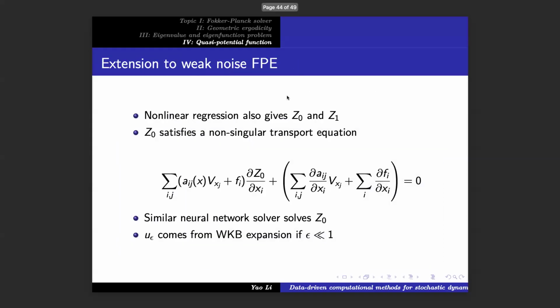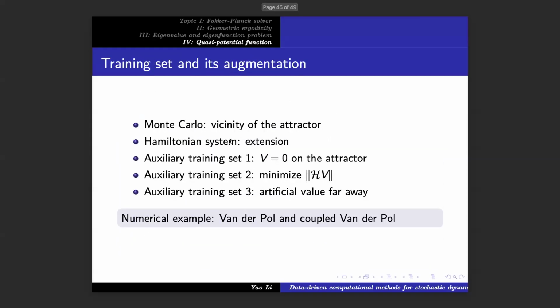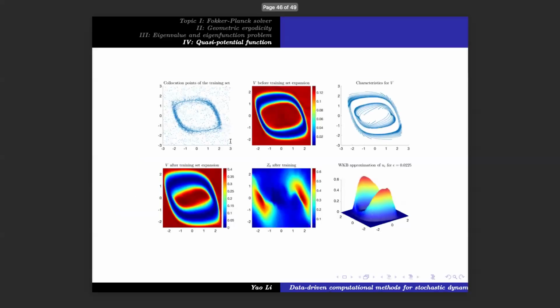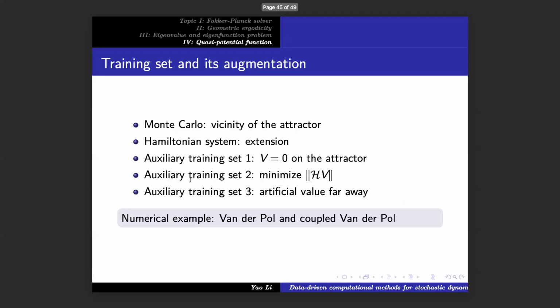So you should extend the training set by integrating V on the characteristics of this HJE. This will tell you the value of V on different curves. Again, you don't have the global solution, but you know the information on different curves, and that dramatically helps your training.